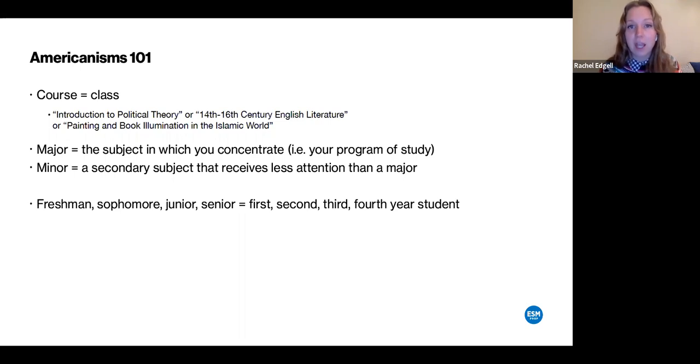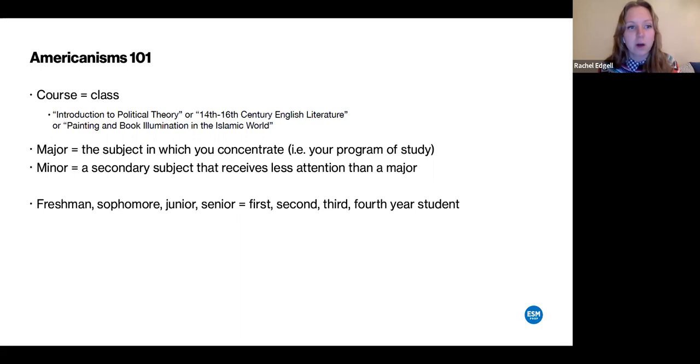That's what I would call a course in the US context. On the other hand, the program of study, we would typically call a major in the US. Some universities might call this a concentration or something else, but it's the program of study, it's the subject in which a student concentrates during their undergraduate study.